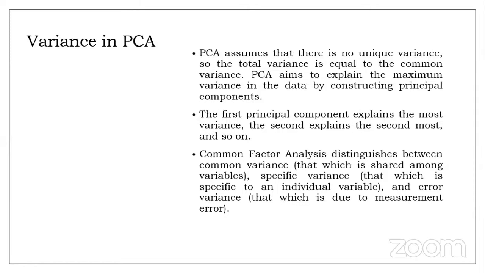On the other hand, if you are applying common factor analysis, what happens here is that we have the assumptions of the specific variance of a particular variable or item, and error variance related to the item.